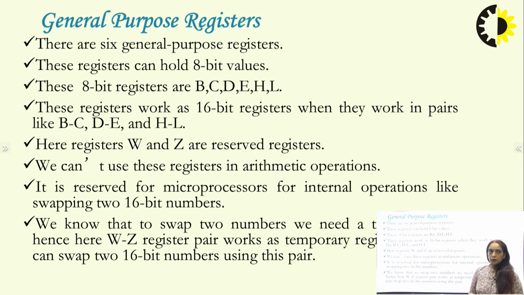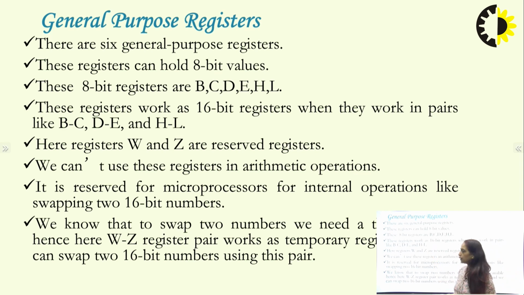So in case of general purpose register, in the first block diagram we have seen that we have some register arrays. So there are 6 general purpose registers. These registers can hold 8-bit values. These 8-bit registers are B, C, D, E, H, L, right? And these registers can store 8-bit data individually.